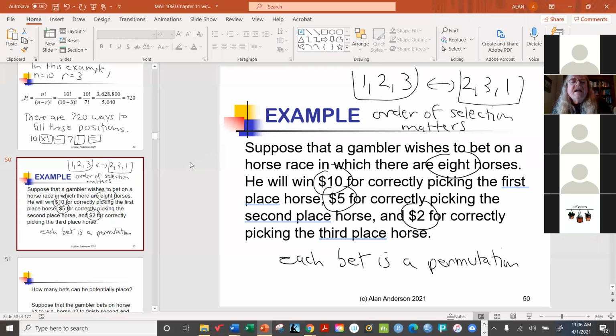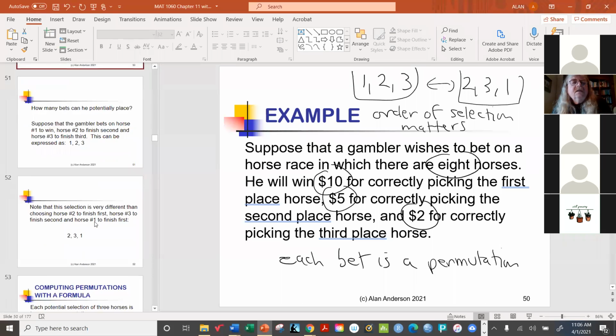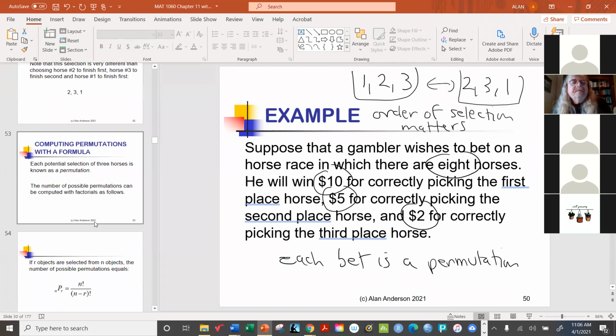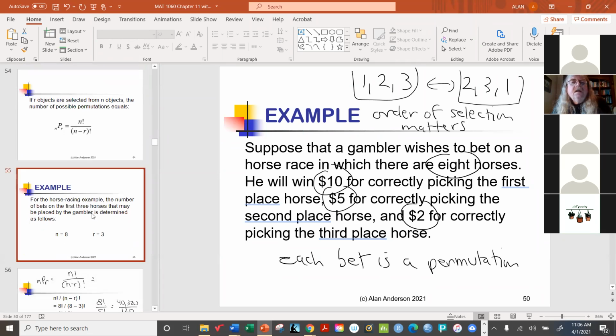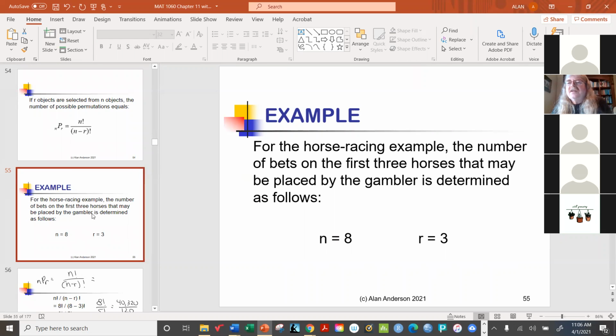The question then is how many bets are possible on this horse race? So what we're essentially saying is how many permutations can we create by choosing 3 objects from 8?